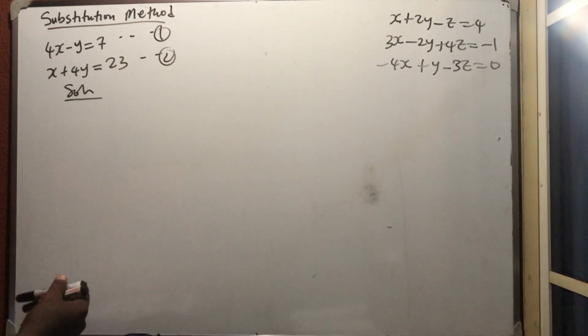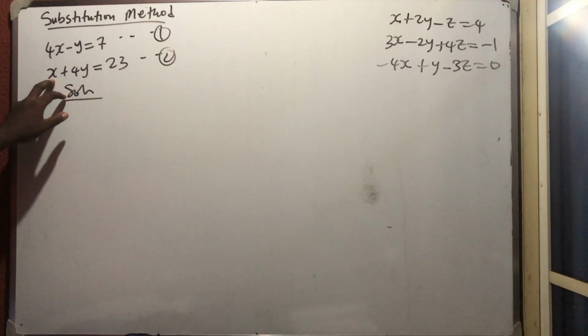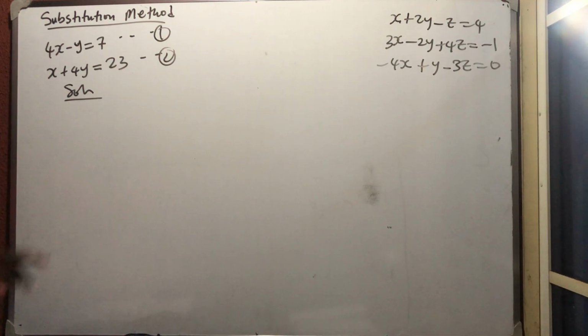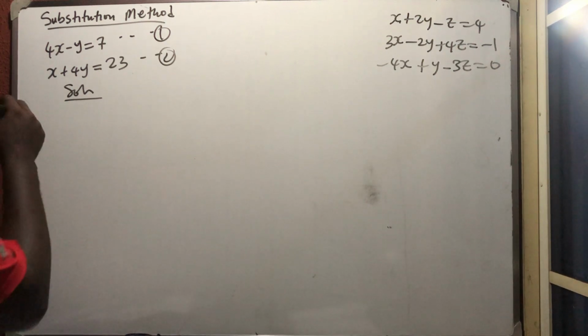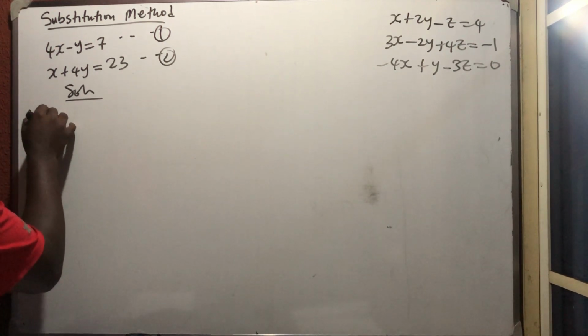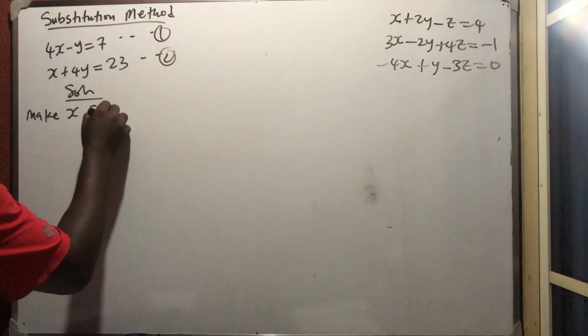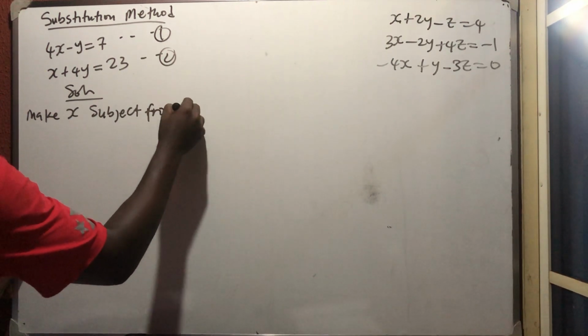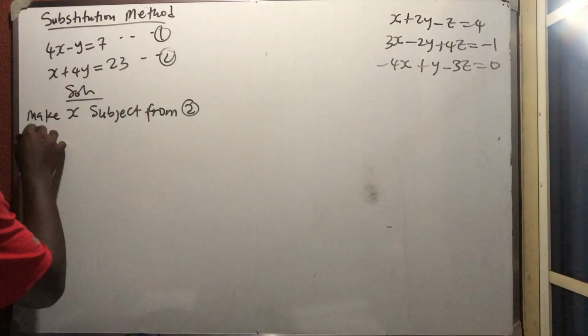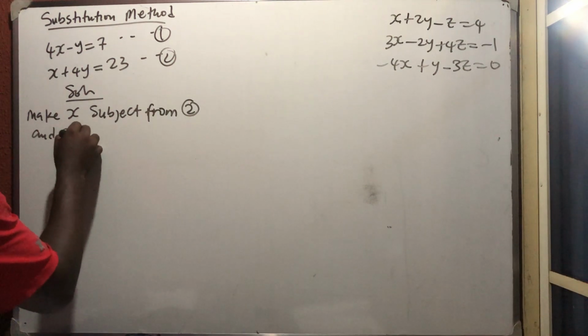For me to make x the subject of the formula in equation 2 is very simple. So I will make x the subject from equation 2 and substitute it in equation 1.